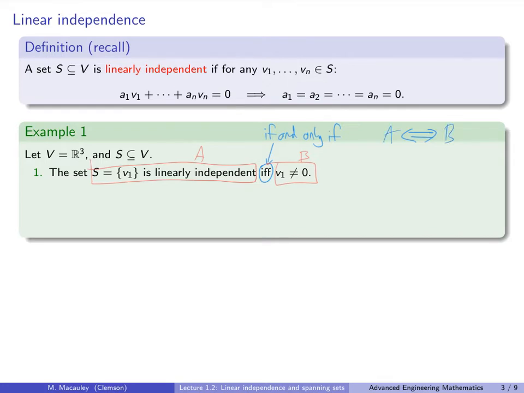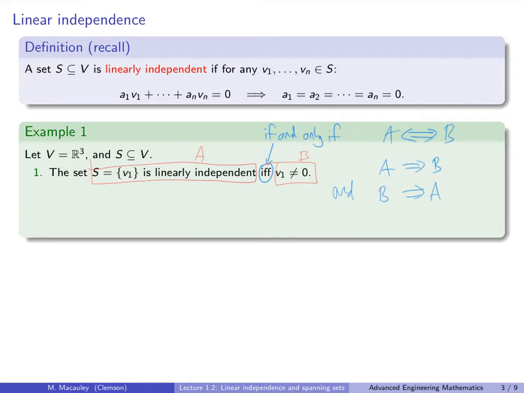That means if A is true, then B is true, and if B is true, then A is true. That's why we say if and only if. So what does it mean when I say this set is independent if and only if v1 is non-zero?